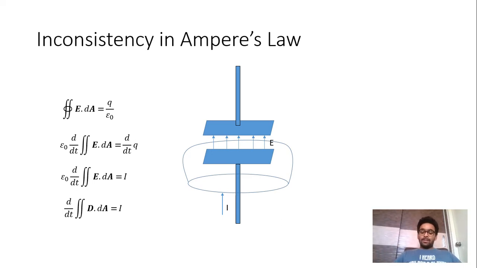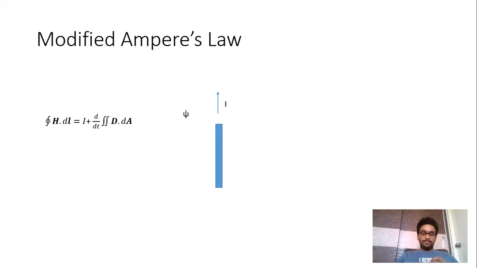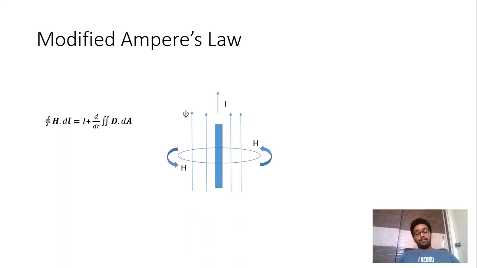Okay. So then Maxwell appended Ampere's law. Instead of putting simply I, he included the change in electric flux. The current carrying conductor will not have simply a current I. There will be some change in electric flux across that surface around which the magnetic field is rotating.